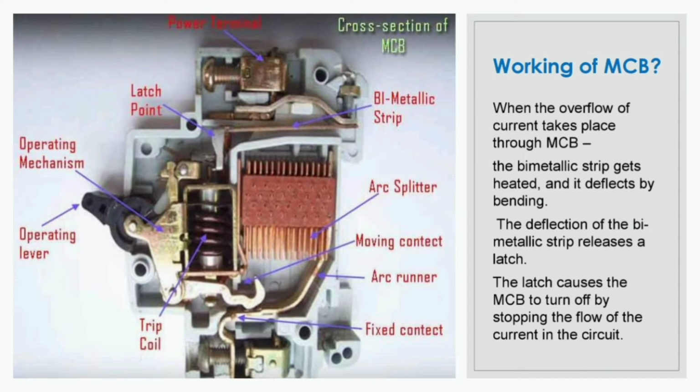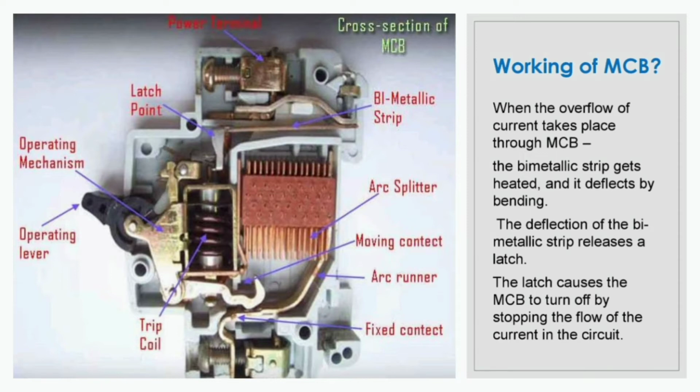So we should know about the parts of the MCB as well as the working of the MCB. Before the working of the MCB, you can find the cross sectional view of this MCB. In this cross sectional view, you can find the power terminals at the top, and the bimetallic strip on the right side, and the arc splitter, moving contact, arc runner, and fixed contact.